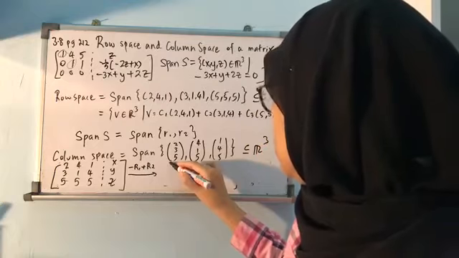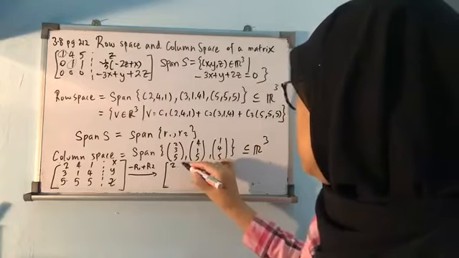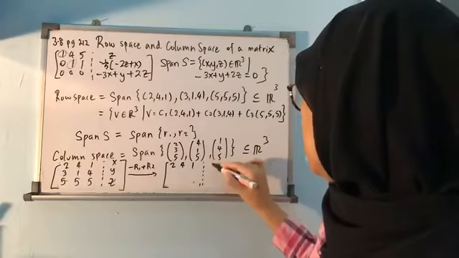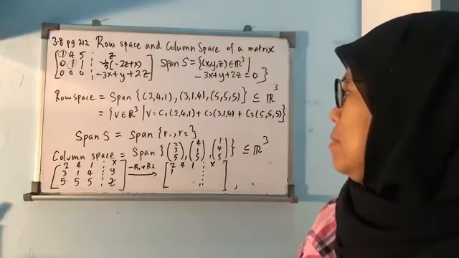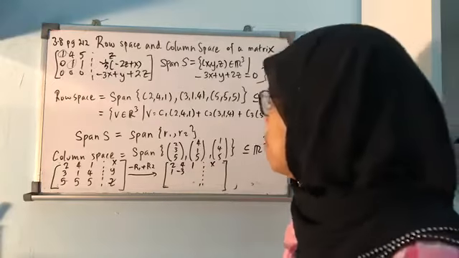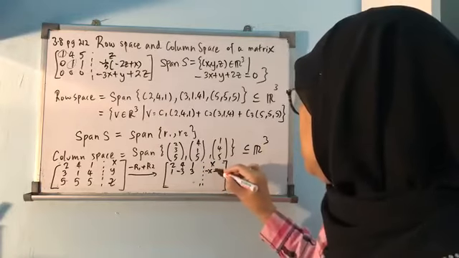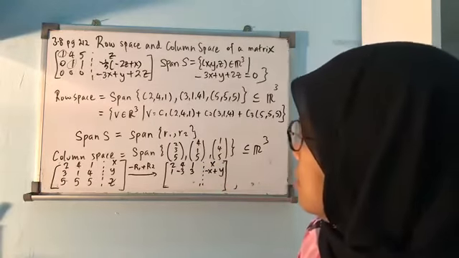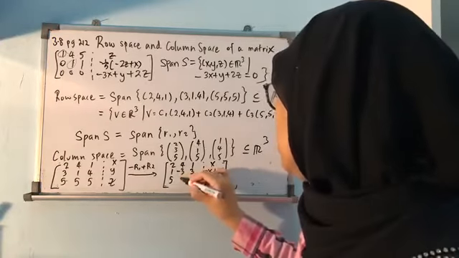So negative R1 plus R2. So 2 for 1, x, 1, negative R1 plus R2, negative 3, negative x plus y. And then copy.